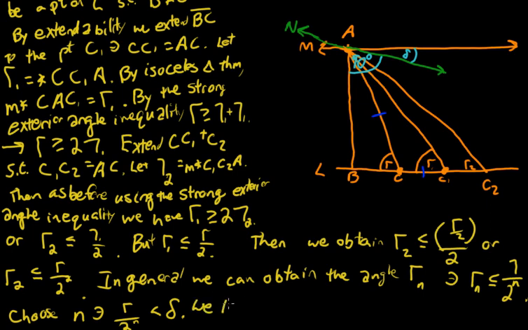So we then have gamma sub n is less than delta, and the measure of angle C sub n is less than delta.